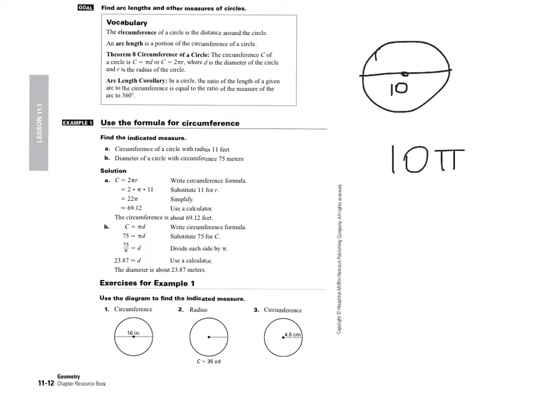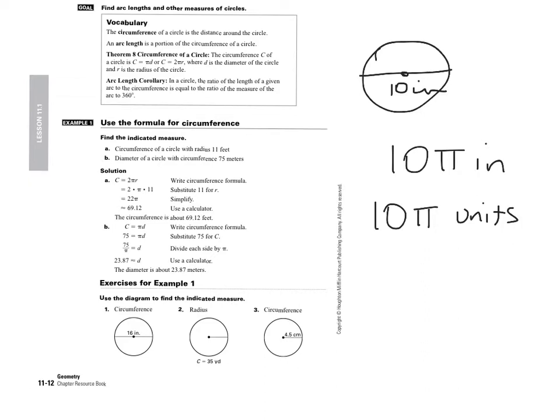Okay, now if it's got units on the question, you would just put 10 pi inches. If there aren't units in the question, you would just put 10 pi units. So if I don't have inches or centimeters or some kind of unit labeled, just label it as units.